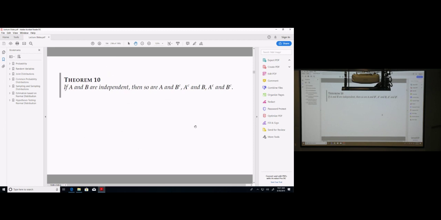This is interesting. If A and B are independent, this is what we would expect, because basically it says that your assessment of the probability of B will not change at all, whether you know A has occurred or A has not occurred, right?